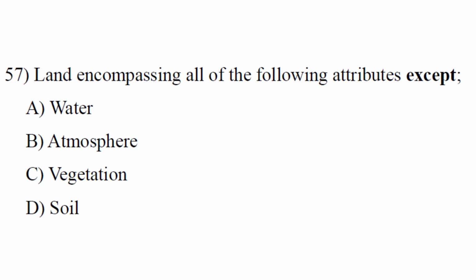57. Land encompasses all of the following attributes except A. Water. B. Atmosphere. C. Vegetation. D. Soil. Answer: B. Atmosphere. 58.